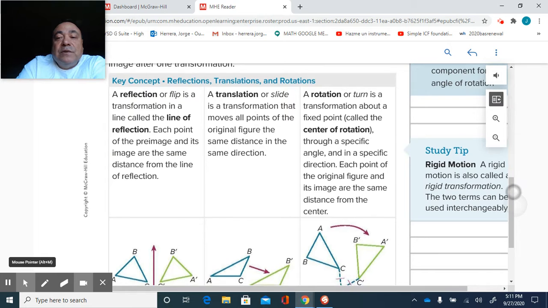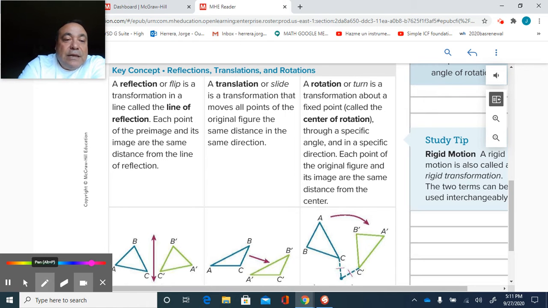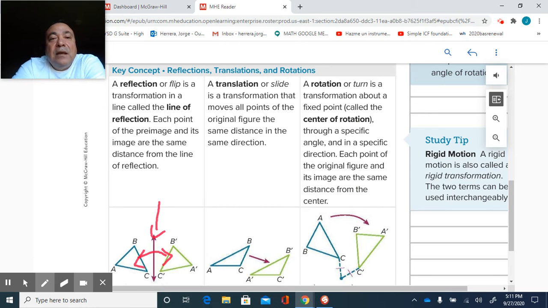The first one that I'm sure you know about is a reflection, or a flip. That's like when you're in a mirror, your image is flipped right across from you. That would be a reflection across the y-axis, and you can see it in this image right here. That's a reflection, guys.